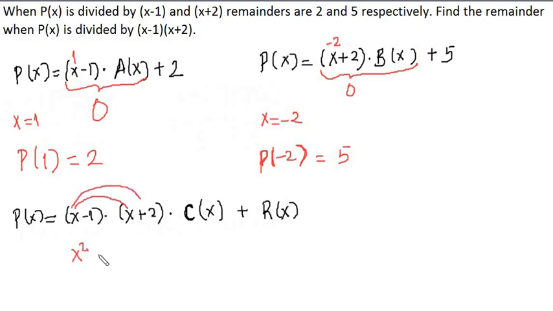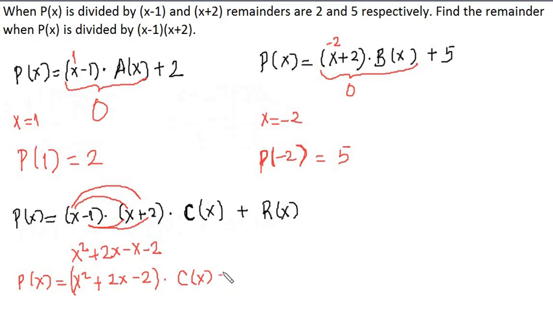X times plus 2 will be 2x. Minus 1 times x will be minus x. And minus 1 times plus 2 is minus 2. So we get x squared plus x minus 2 times c of x plus the remainder.